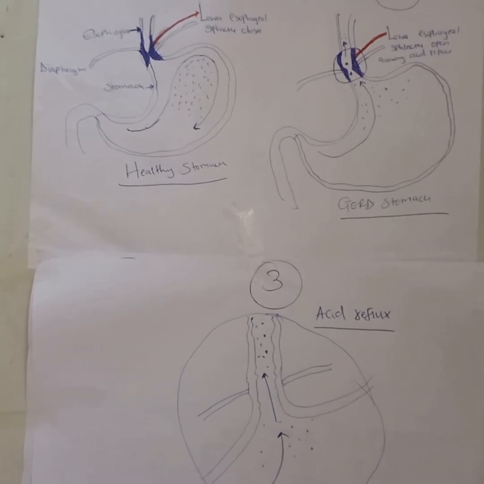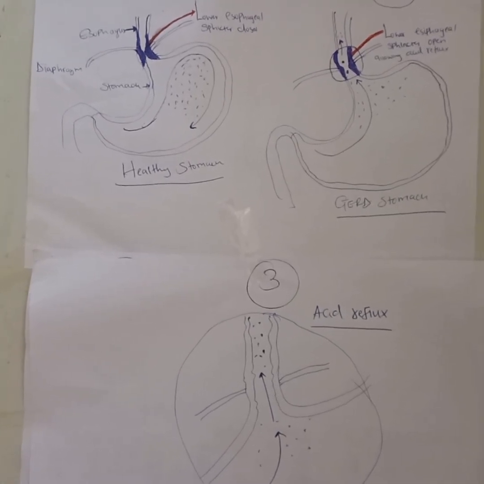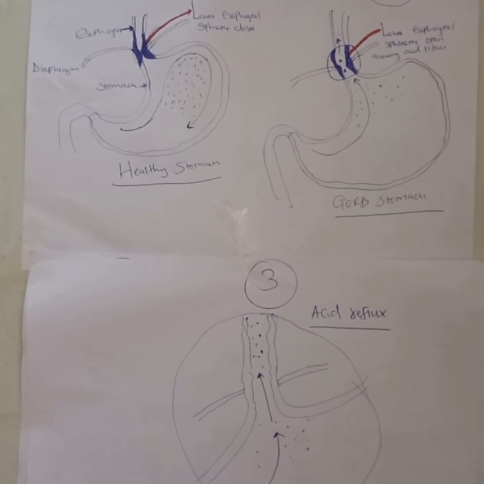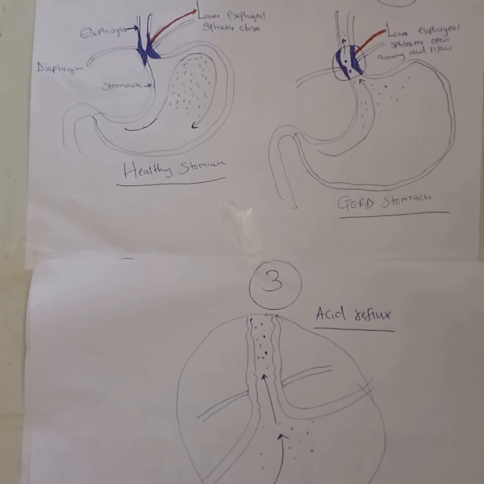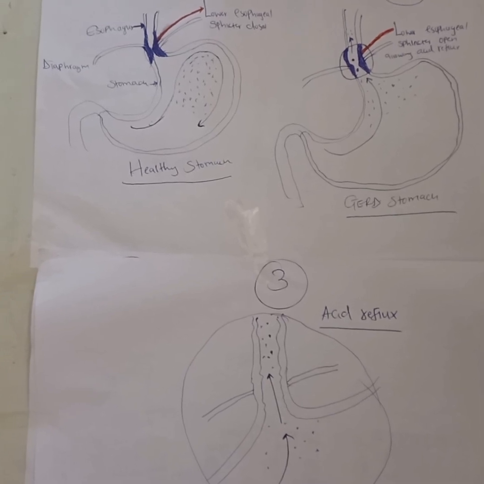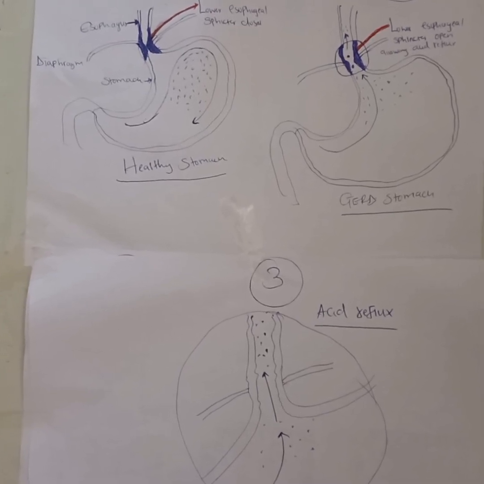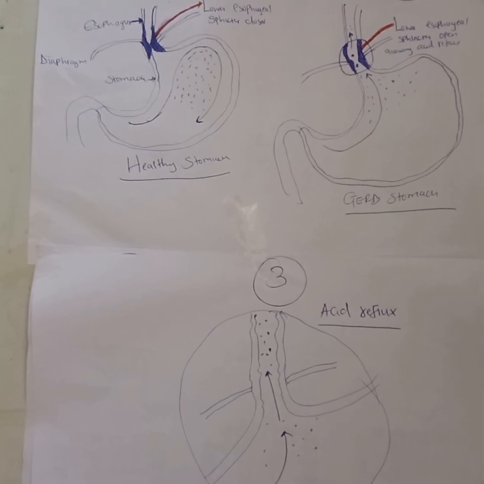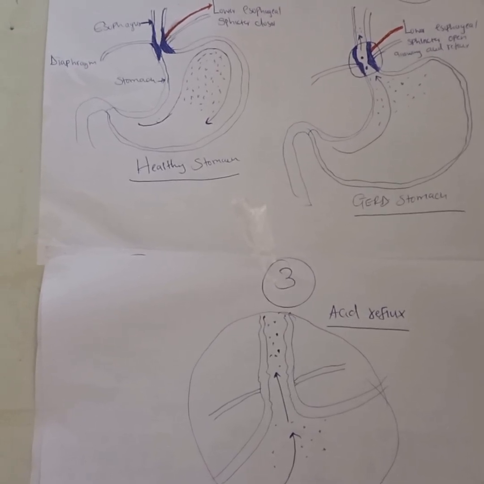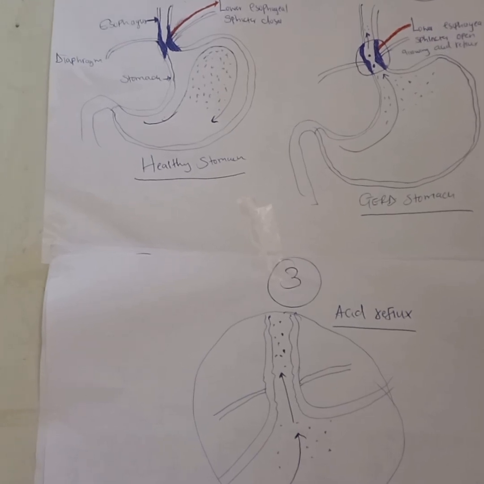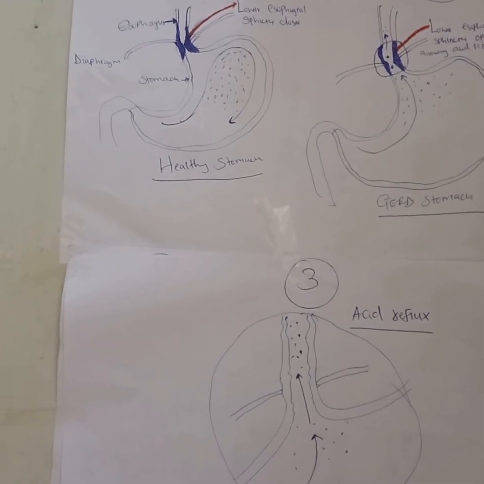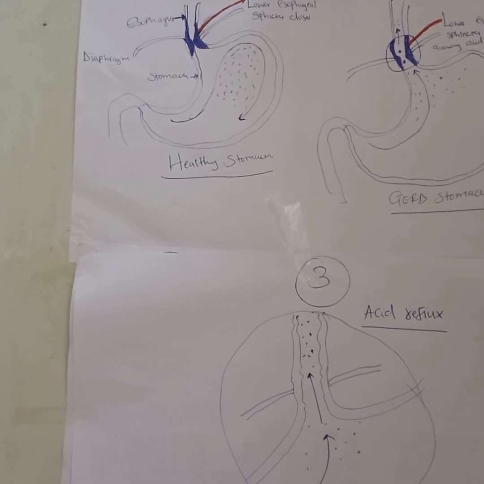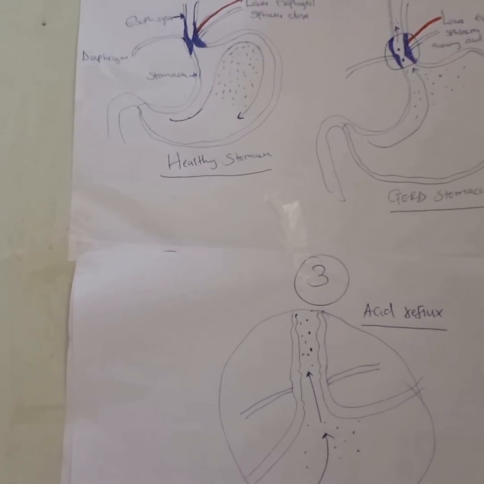For acid to get into the esophagus, it needs to get past the valve at the bottom of the esophagus. That usually keeps things from coming back up. This valve is called the lower esophageal sphincter, or LES if you can shorten it like that.